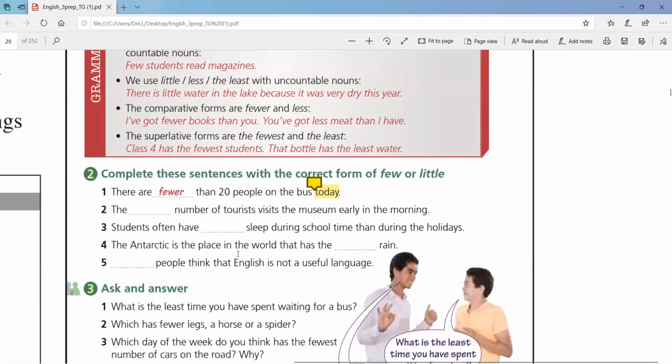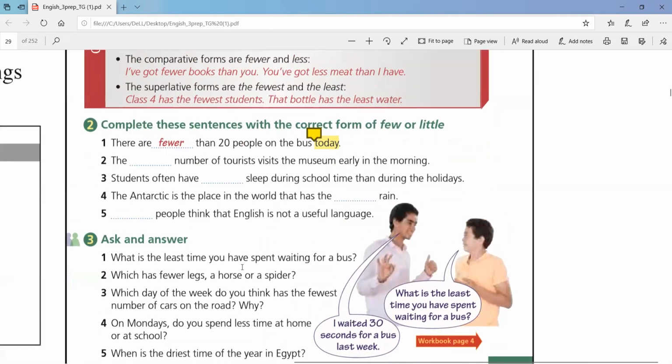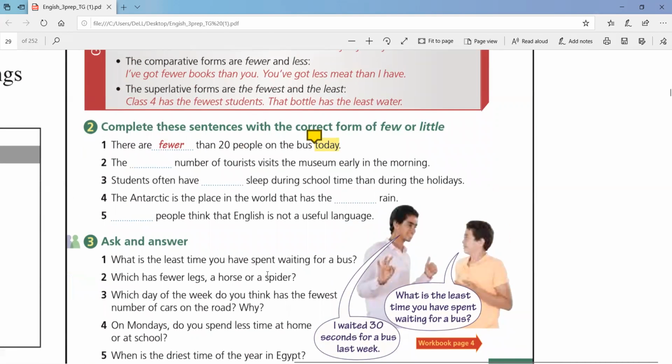Complete these sentences with the correct form of few or little. Number one is done for you. There are fewer than 20 people on the bus today. Now, let's do the exercise.